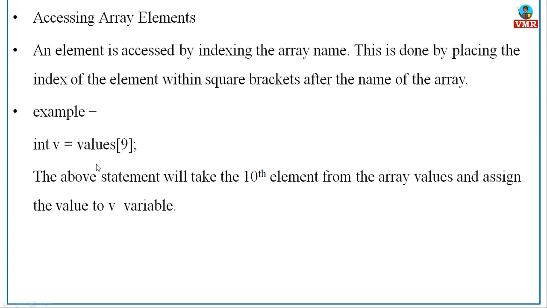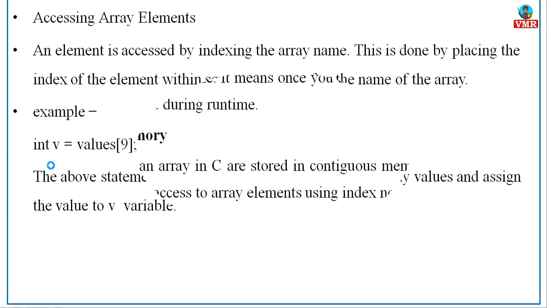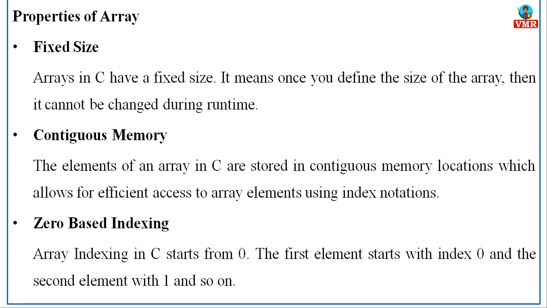So whatever the value at the 9th index position is, that value will be assigned to this variable. So the above statement will take the 10th element from the array values and assign it to the variable v. This is how you directly access the values of the array, and you can assign it to a new variable.